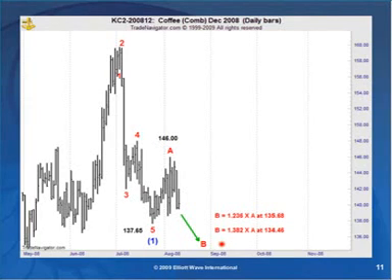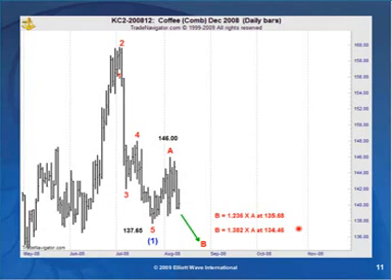If it goes beyond that, another guideline is that wave B will equal 1.382 times A, and that occurs right here at 134. So we now have targets for the downside of wave B.